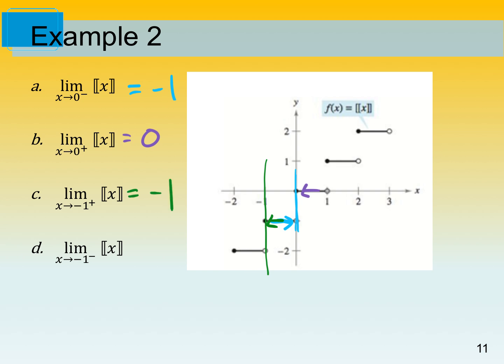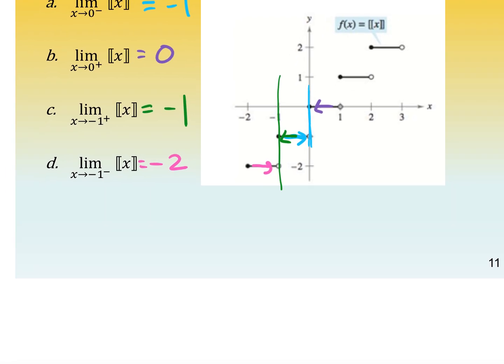And then the limit as x approaches negative 1 from the negative direction, what would that be? Negative 2. If it asks for the limit as x approaches a for our step function here, where a is an integer.